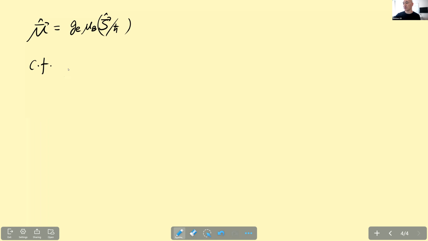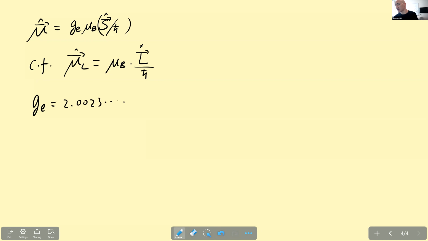Remember, if we have the orbital momentum, then we have a magnetic dipole moment that equals mu B times L operator over h bar. And this g_e was measured to be 2.0023 something, with very high accuracy. It's not 1, first of all. It does not equal 1. That's one thing.